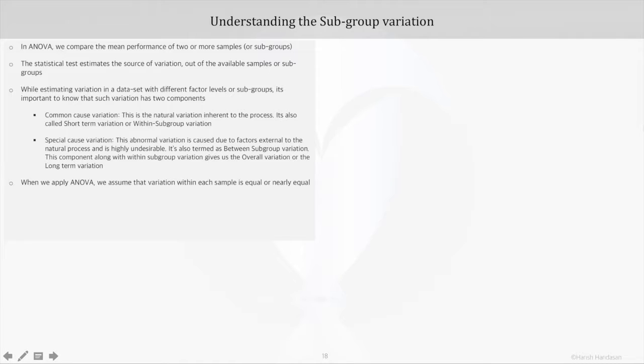And so it should be similar. Going by the same logic, the between subgroup variation should be greater than within subgroup variation. Then only we can have distinct and different subgroups. And then the ratio of between to within subgroup variation obviously would be greater than 1.